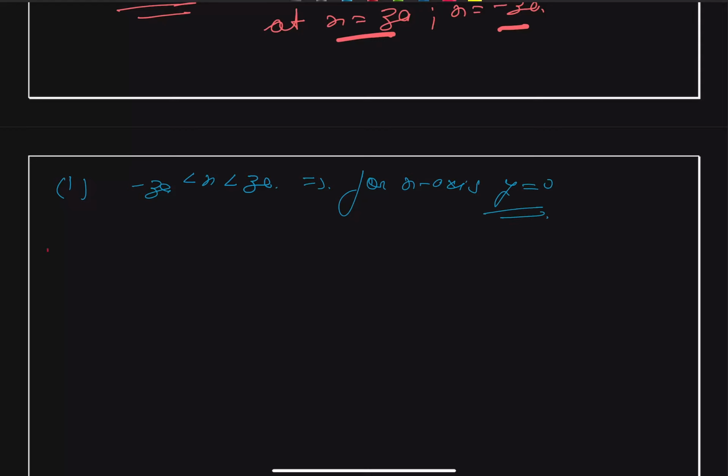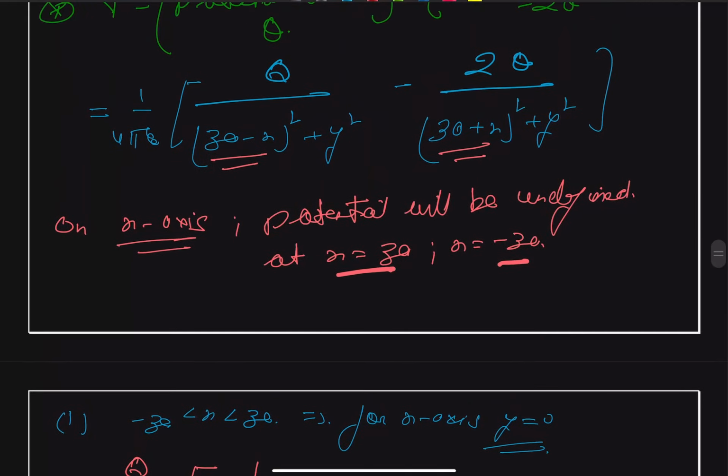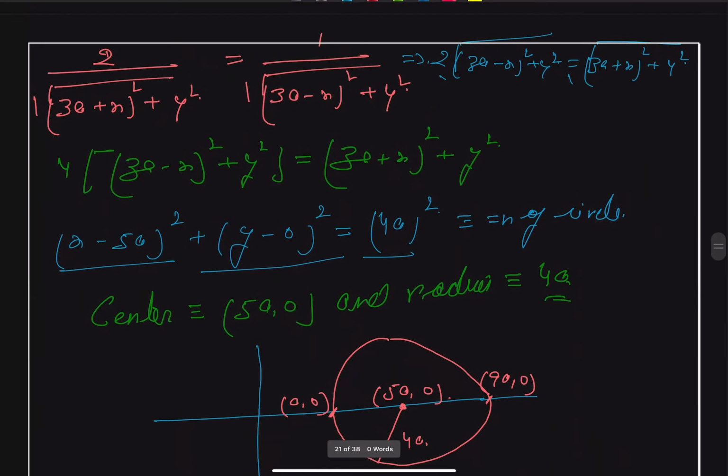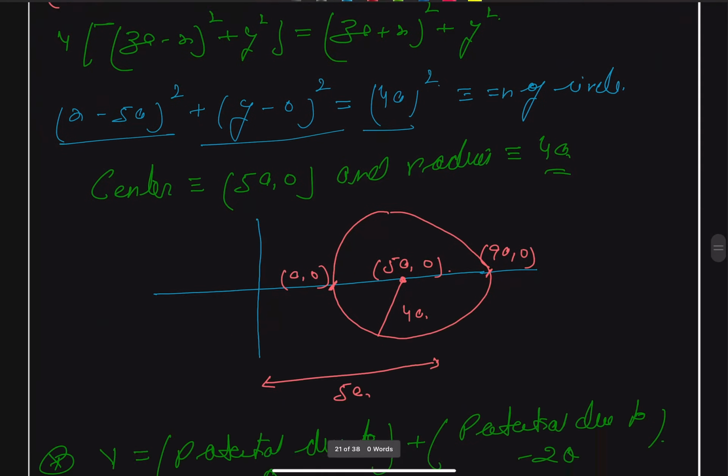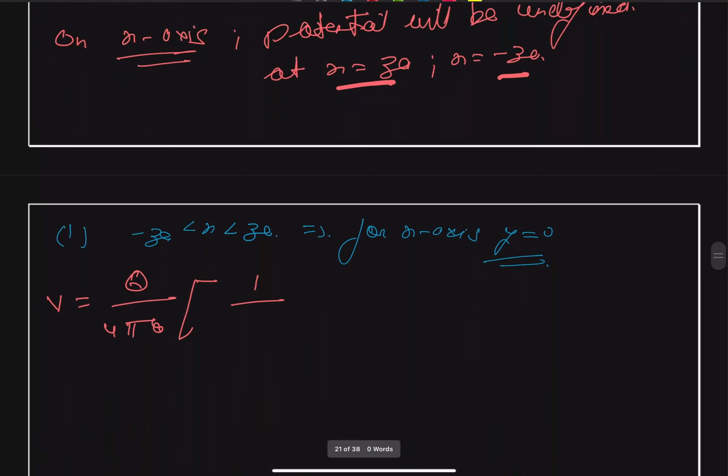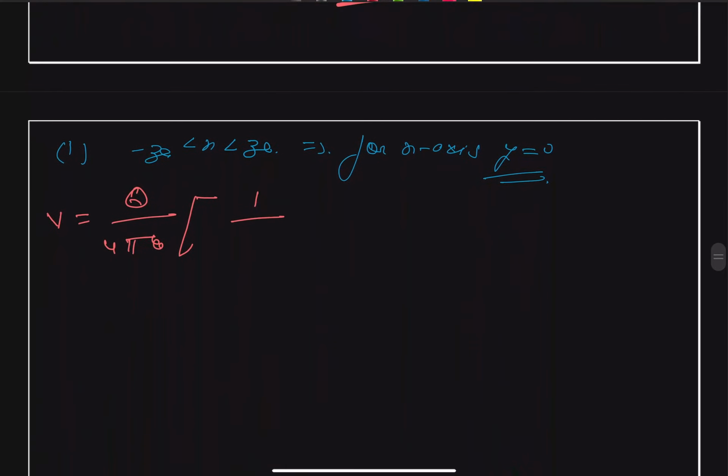Thus we can write our potential V will be equal to Q upon 4 pi epsilon naught, and we can write this as 1 upon (3a minus x) whole square, and this is minus 2 upon (3a plus x) whole square.